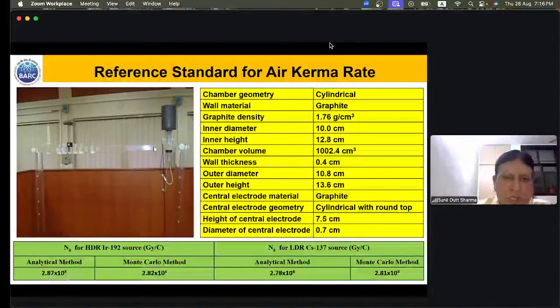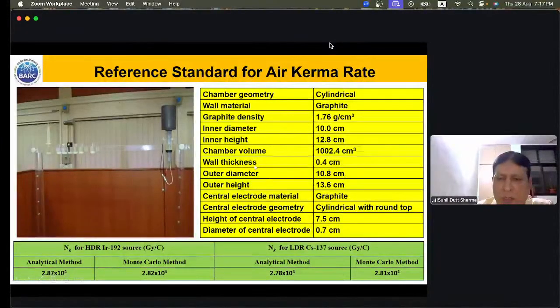So one of the reference standards which we have developed at BARC is a cylindrical graphite ionization chamber. It is having the sensitive volume of about 1000 cc and other parameters like it is made from 1.76 gram per cc graphite, which is called high density graphite. Then wall thickness is about 4 millimeter.